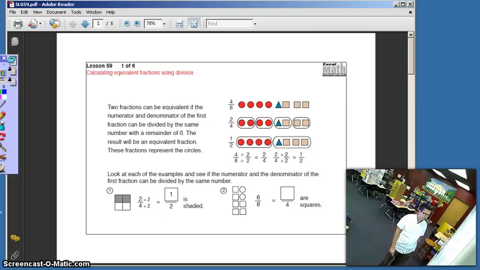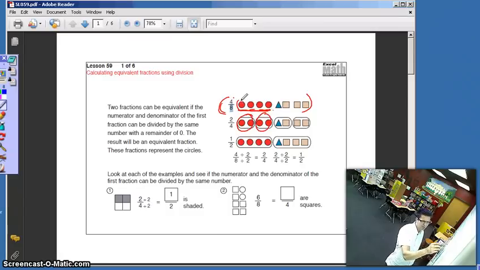These fractions represent the circles. So here we see, starting up at the top one, 4/8. Let's change that to the pen there. Okay, so 4/8. There are 4 circles out of 8 total shapes. 4/8 is equal to 2/4 because I can divide the 4 into groups of 2, and I also divide the 8 into groups of 2.